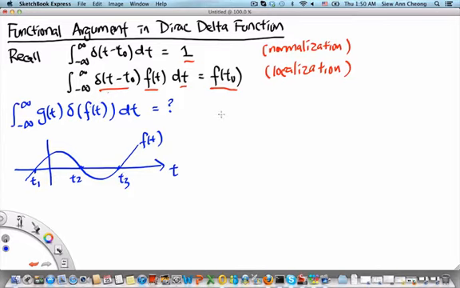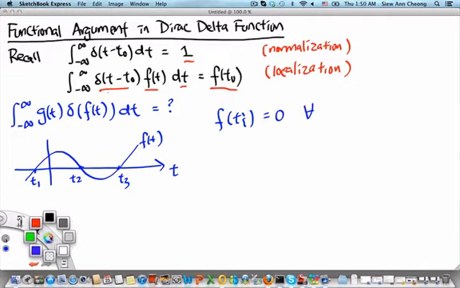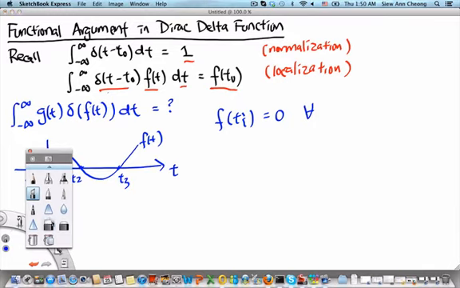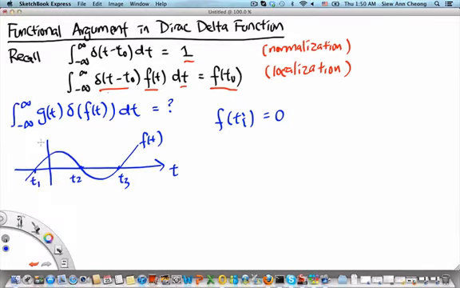So let's write that down. f of ti equals 0 for, well, not for all i, but just for i equals 1, 2, 3.